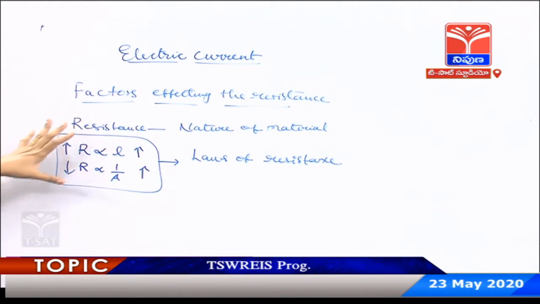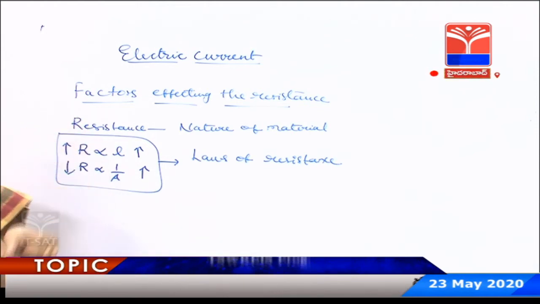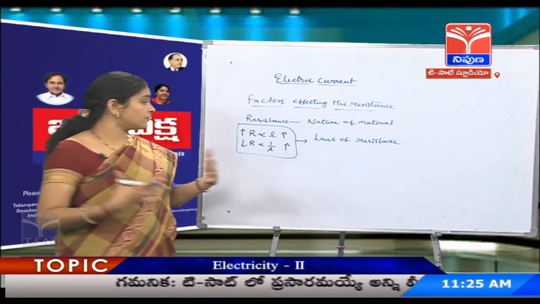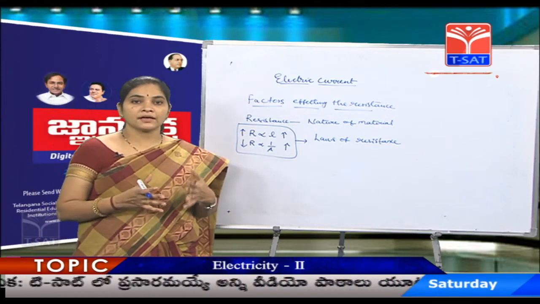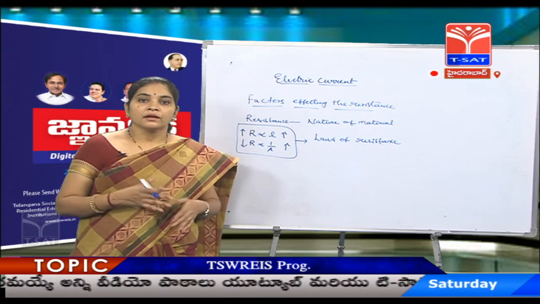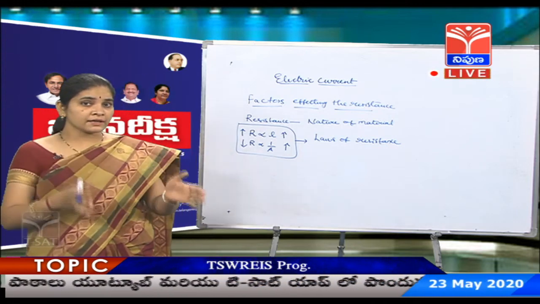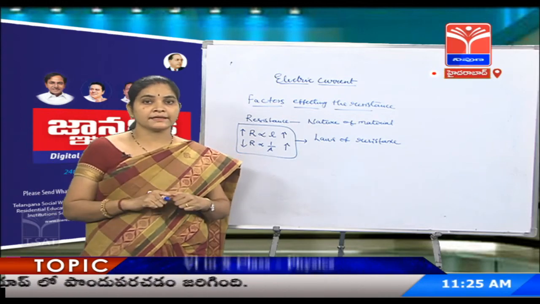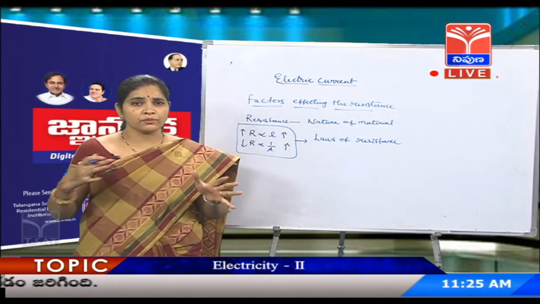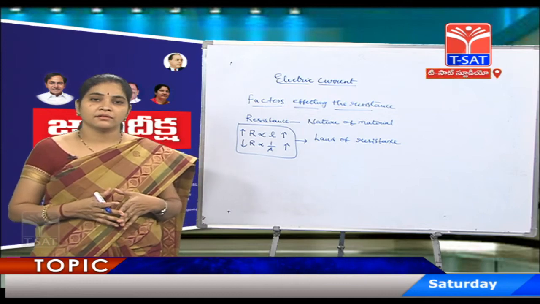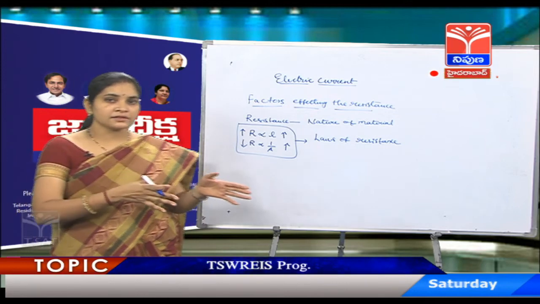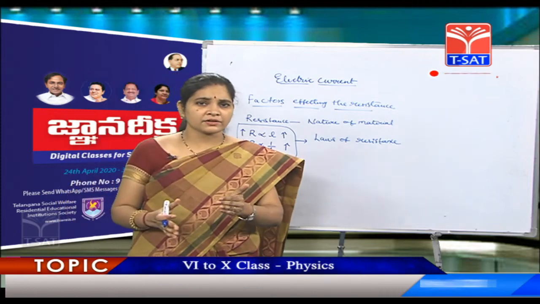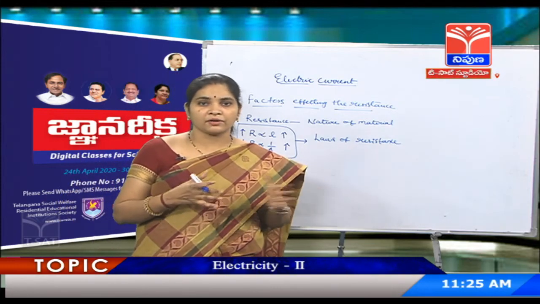Now, other than these three, do we have any other factor upon which the resistance depends? Yes. When we increase the temperature of the wire, electrons pick up that heat energy and start moving more vigorously. Due to this, more number of electrons collide with ions.